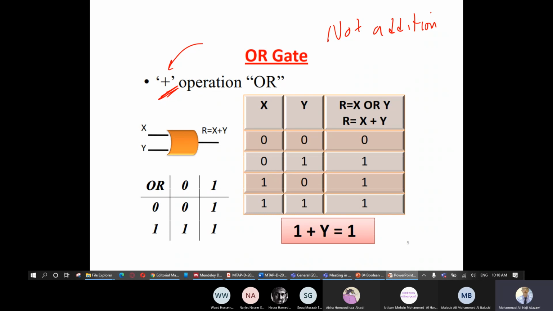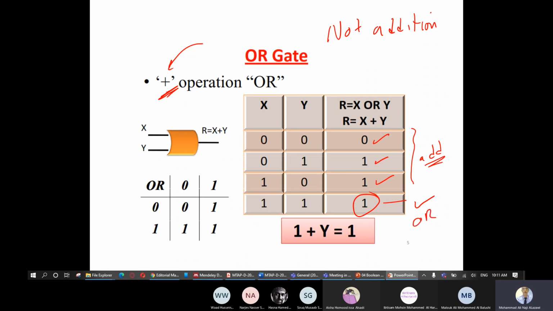Now, in the OR gate, if you have two inputs, X and Y: 0 plus 0 will give me 0, 0 plus 1 will give me 1, 1 plus 0 will give me 1. But 1 plus 1, in addition, would be different. Here, 1 or 1 is equal to 1, because it's an OR gate, not an addition.